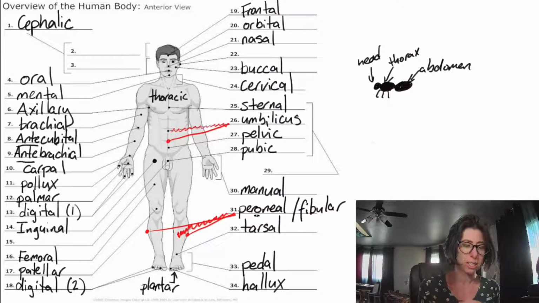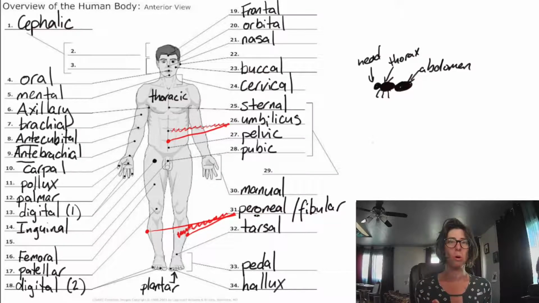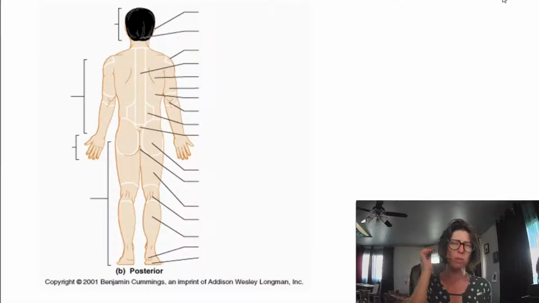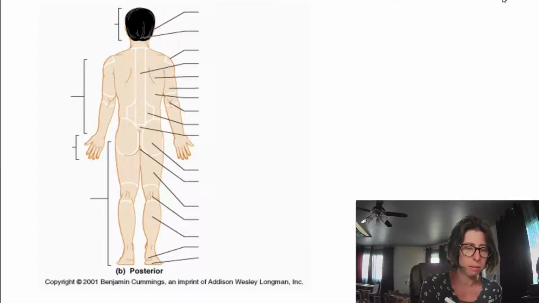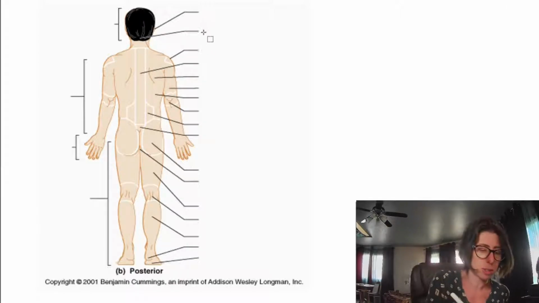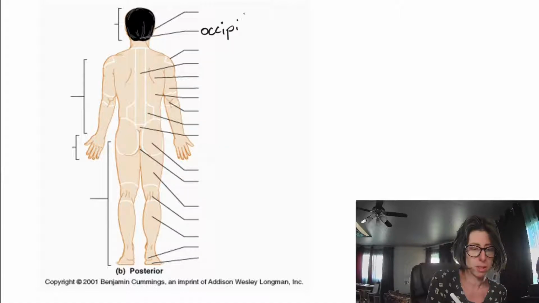All right, so that's all I'm going to cover for the anterior body regions. Let's go to the posterior body regions. I'm just going to do a few of these. Occipital.